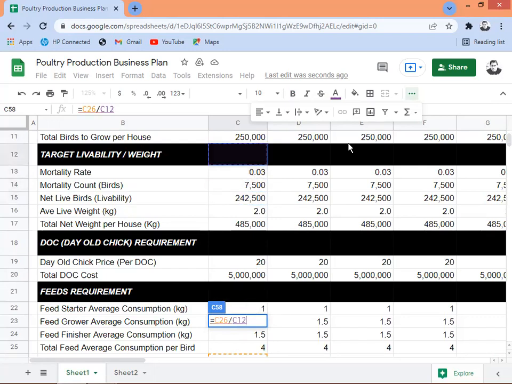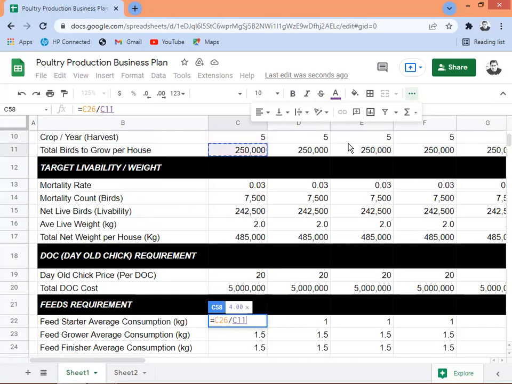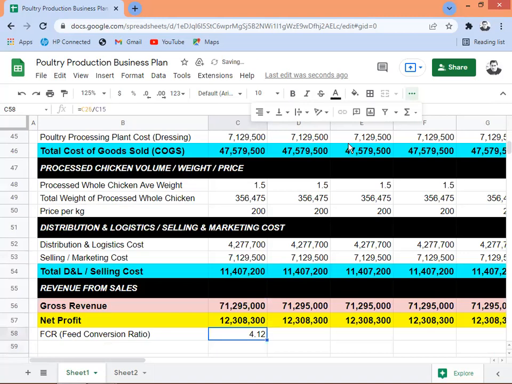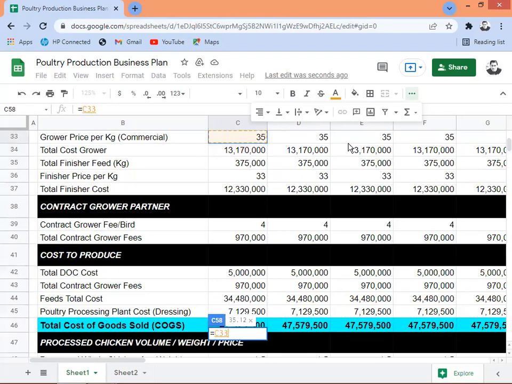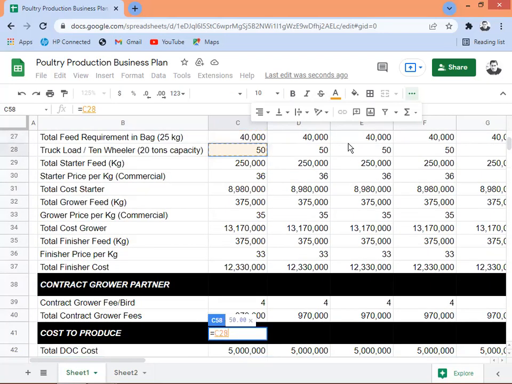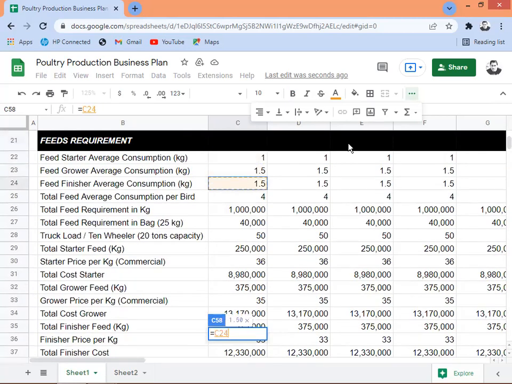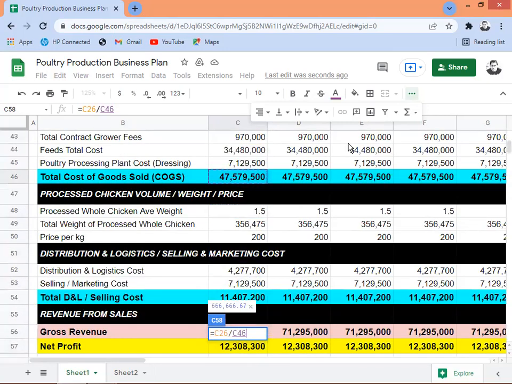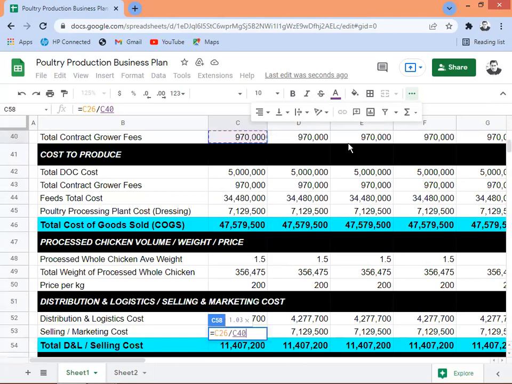Let's say on the livability. Wrong. It should be the weight, not the livability.